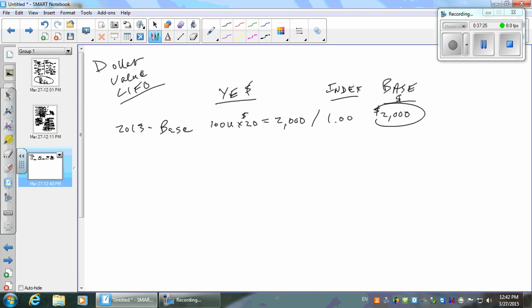It says determine ending inventory using dollar value LIFO. Assume that the December 2nd, 2014 purchase cost is the current cost of the inventory. So the price I would have to pay now is how much? 30.